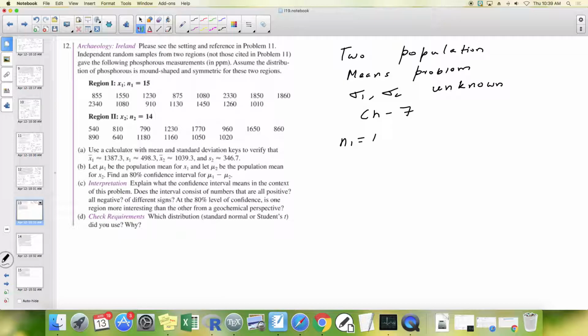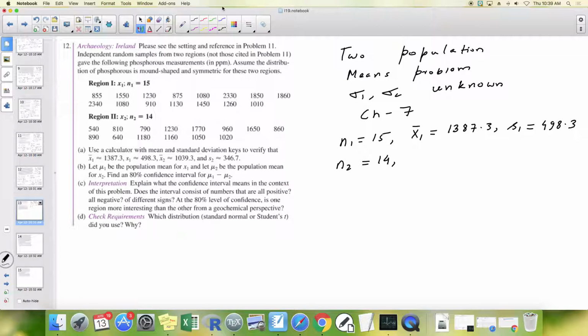N1 is 15, x1 bar is 1387.3, and S1 is 498.3. N2 shall be 14.